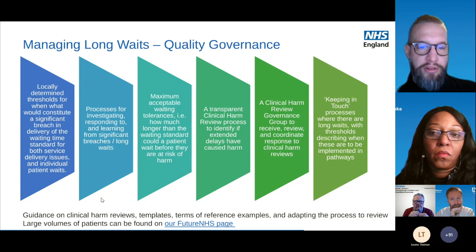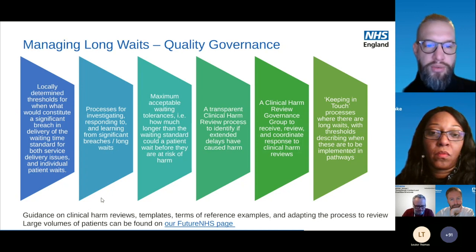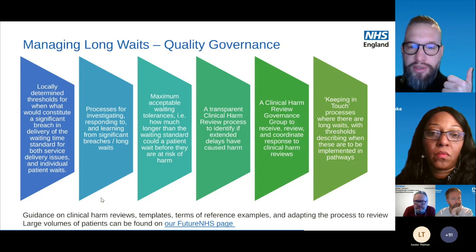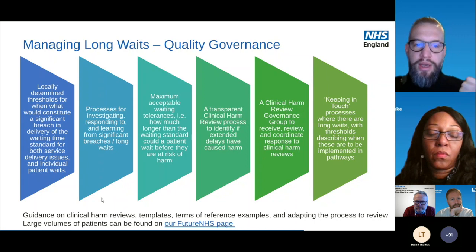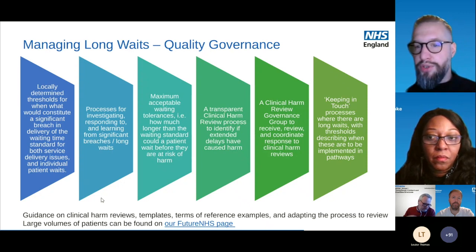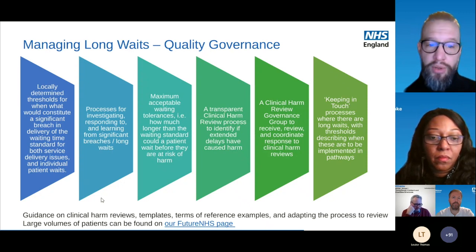You'll also need a transparent clinical harm review process to determine whether a patient has come to harm due to elongated waiting. The four questions that you want to consider within that review are: has the delay meant the patient has had to have a more intensive type of treatment or a longer period of treatment than first anticipated? Has the delay meant that the progression of symptom severity has precluded some treatment options that would have otherwise been applicable?